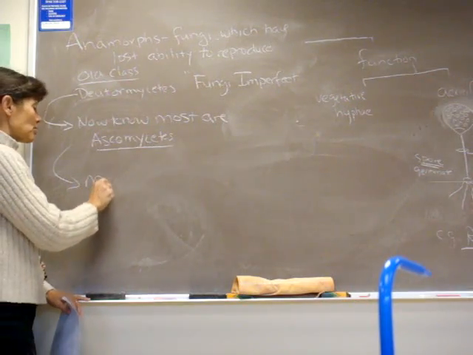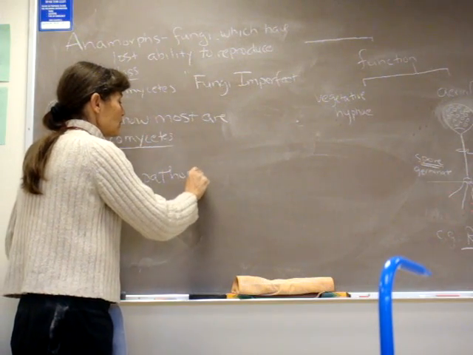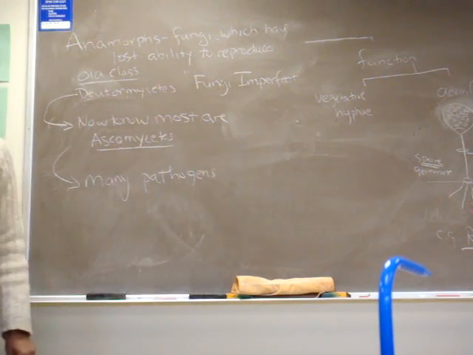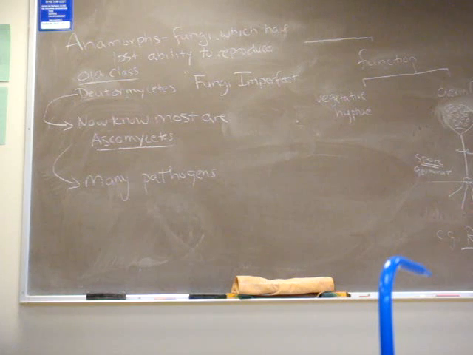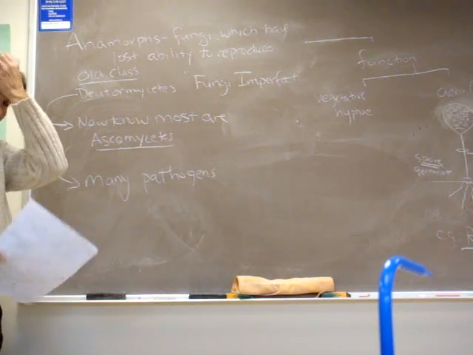Just in brainstorming yesterday, we were wondering, well, maybe if you've evolved this ability to infect and live within another organism, that's a pretty steady environment. Is it the pathogenic fungi that have given up sexual reproduction because the environment in their animal or human host is so consistent? Just brainstorming, you guys, and I'll try to find out. That was such a good question, and I really didn't have the answer for it.